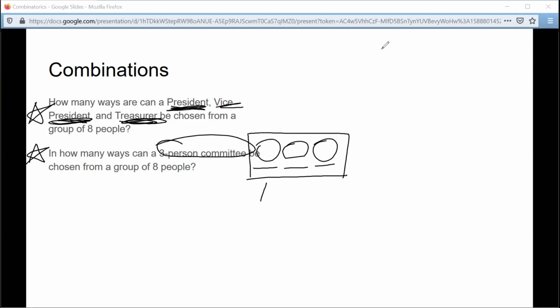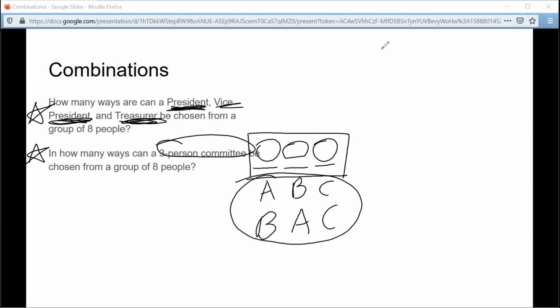So choosing person A for the first spot in the committee, person B for the second spot, and person C for the third spot is the same thing as choosing person B for the first spot, person A for the second spot, and person C for the third spot. So whenever it's a committee, these 2 arrangements actually produce the same result.